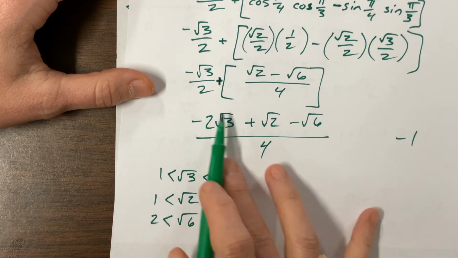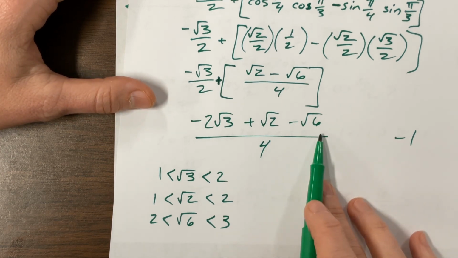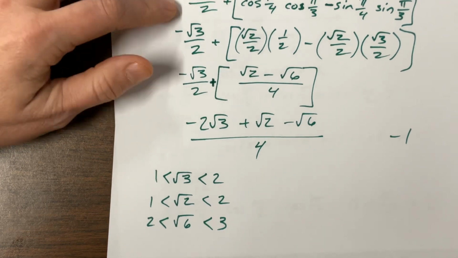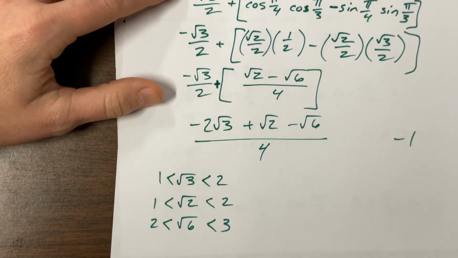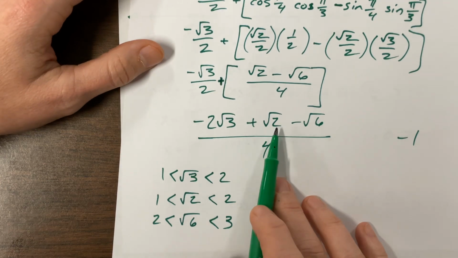This is also going to be more negative than -2. This is really gross. The whole thing ends up being positive, but it's not that very big.